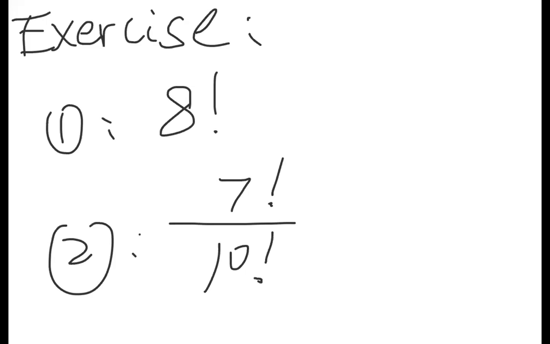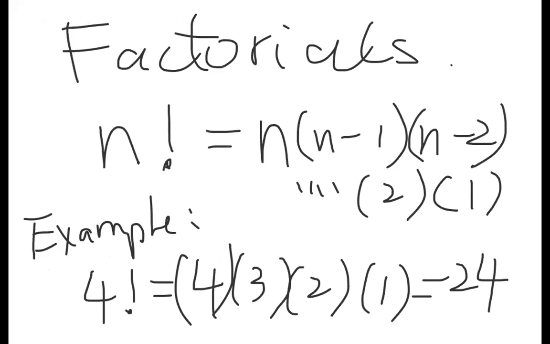One quick thing to add on for the last example. For the last example, you have 7 factorial over 5 factorial.